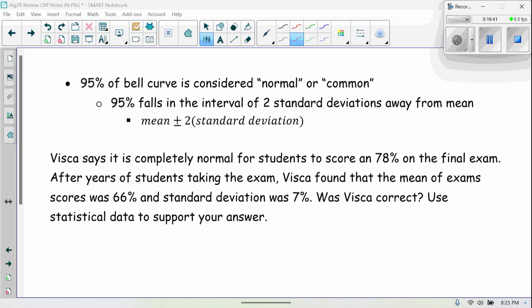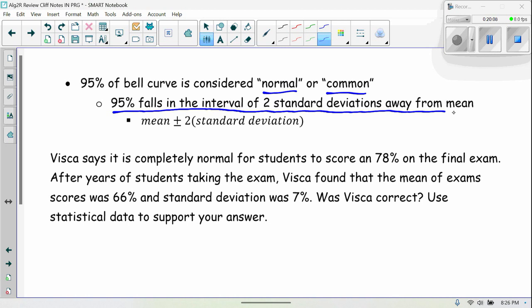Oh, man, I hope you get a problem that involves the 95%. What is that? Well, if 95% of all data falls within that range, that's considered common or a normal occurrence. 95% of all our data falls within 2 standard deviations away from the mean.